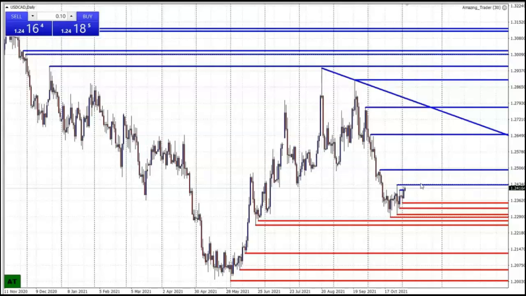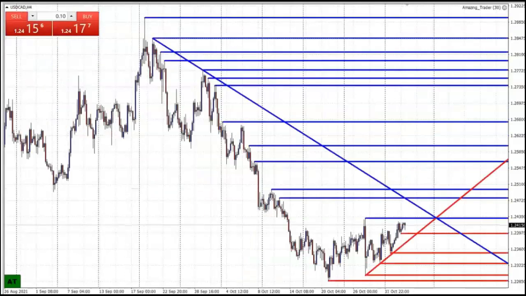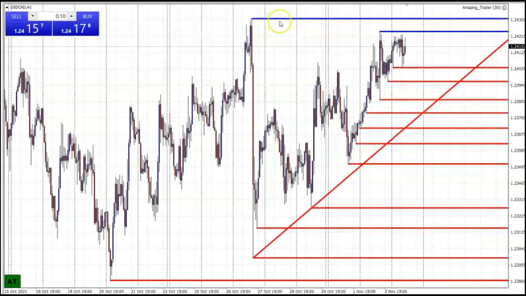The reason is the more people who look at a line, the more traders, the more investors, the more significant it becomes. So if you look, for example, in this daily chart, and we have a line here at 124.31. If you go to the 4-hour chart, you'll see a similar line over here. If you go to a 1-hour chart, you'll see the line over here.